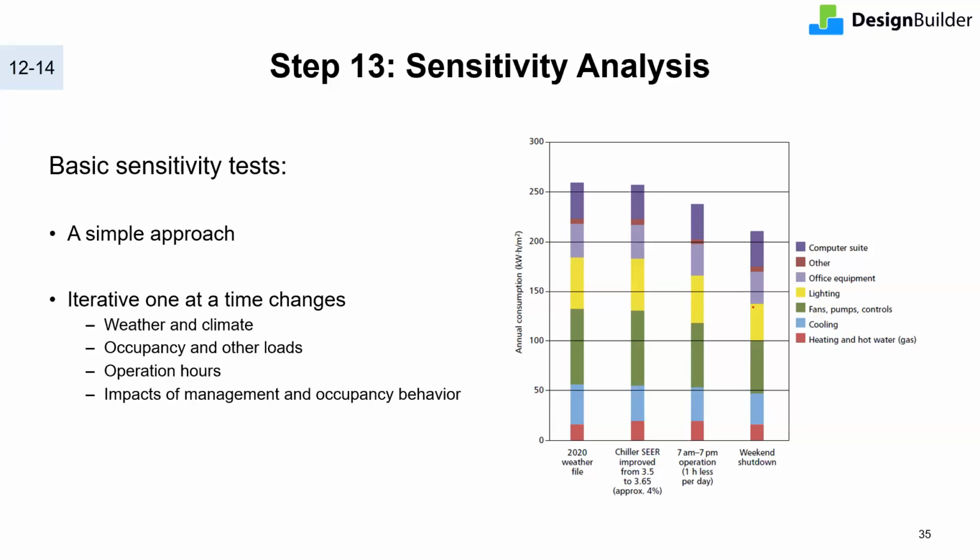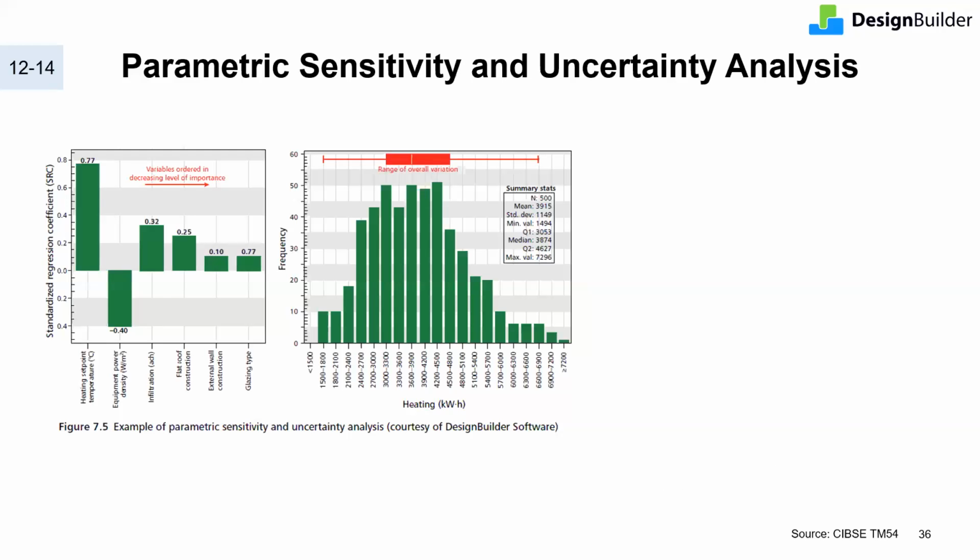For example, in this graph, where each calculation has a parameter changed, we can see that the sensitivity of energy use to operating hours is more than that due to efficiency improvement of the system. Therefore, we can see that an occupancy related parameter, in this instance, is a more important factor than the system efficiency. A more structured way of assessing sensitivity is to do a multi-parameter analysis.